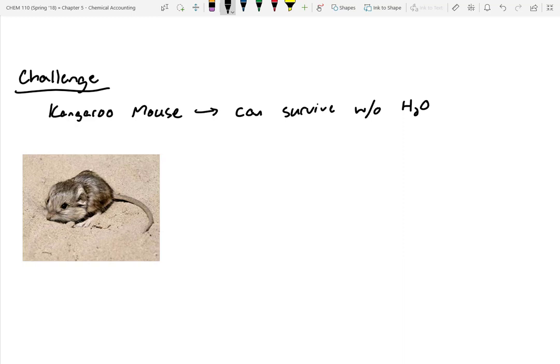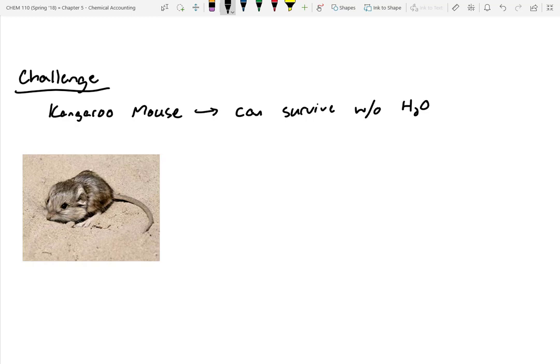It's one of the only mammals I think we know of that can survive without water. It doesn't really sweat, because if it were to sweat, it would evaporate and lose a lot of that water. Instead, it's got these ears and a big long tail that actually radiate warm blood out, so it can cool itself that way. Does anybody know how it gets water then to survive?